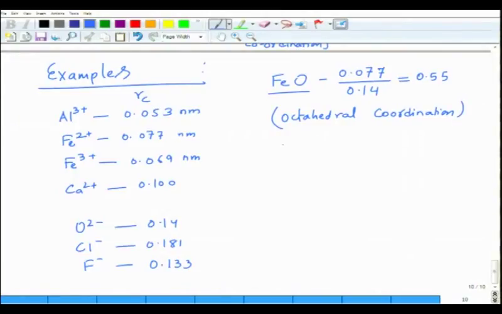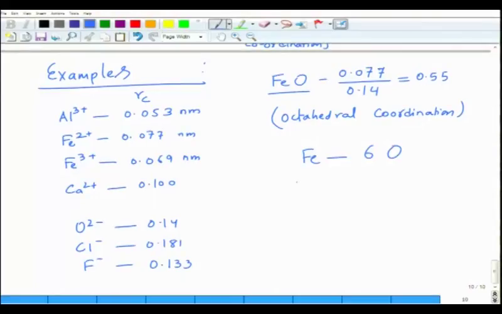But if Fe is surrounded by 6 O, based on the stoichiometry, what do you obtain for oxygen? How many ions will surround one oxygen? What is the stoichiometry?